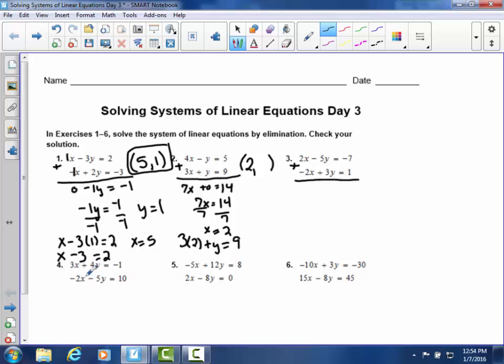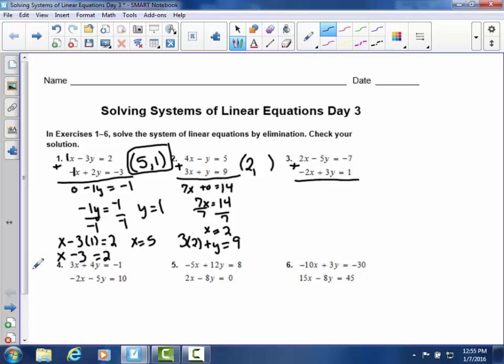All right, when we get down here to number 4, though, we see that these are not opposites and they are not the same, so we have to force them to be the same. So what we're looking for is the least common multiple of 3 and 2 or of 4 and 5. We get to pick. 2 and 3 are smaller, so I pick 2 and 3.